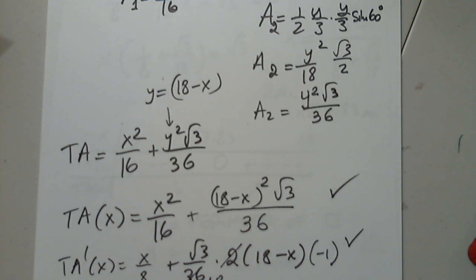And we have x squared divided by 16 plus parentheses, 18 minus x close square times the square root of 3. And then completely outside, careful, divide by 36.